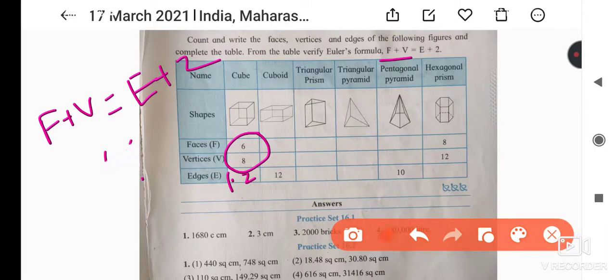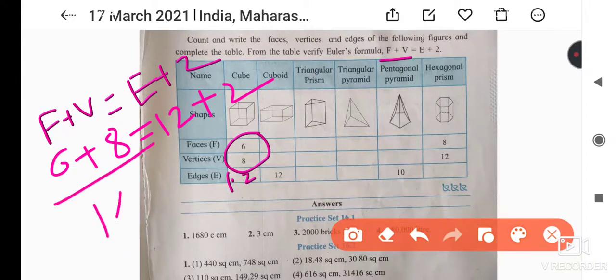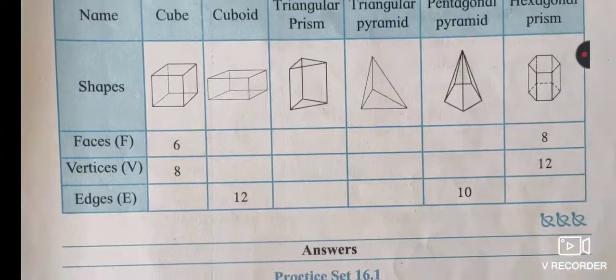Here F is equal to 6, vertices is equal to 8, and edges is equal to 12, plus 2. So 6 plus 8 is equal to 14, and 12 plus 2 is equal to 14. So Euler's formula is verified. Now here one more is given.